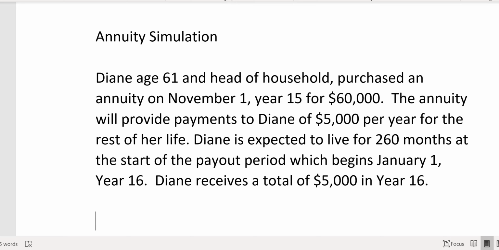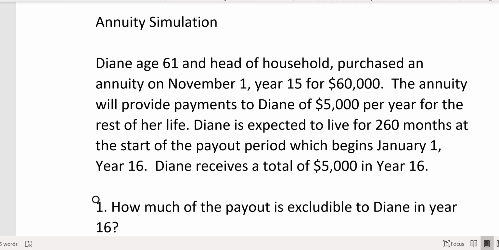Let's see what they want to know. Number one asks, how much of the payout is excludable to Diane in year 16? So she got a payout in year 16 of $5,000. How much of that is excludable in year 16?